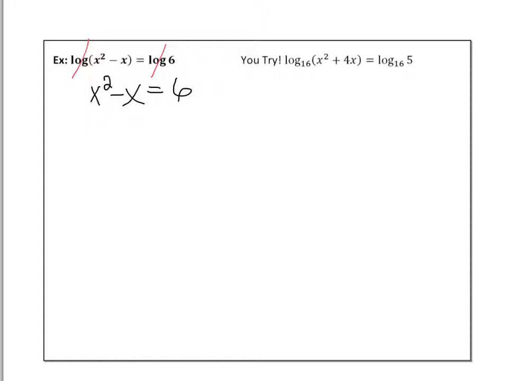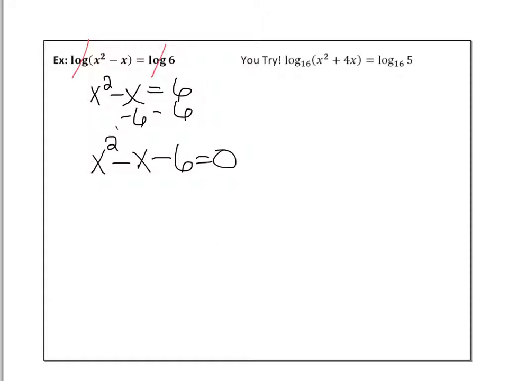Well, when that happens, we have to make sure one side of the equation is equal to 0. This is a problem we did a while ago. Everything comes back in algebra. So I have x squared minus x minus 6 equals 0.